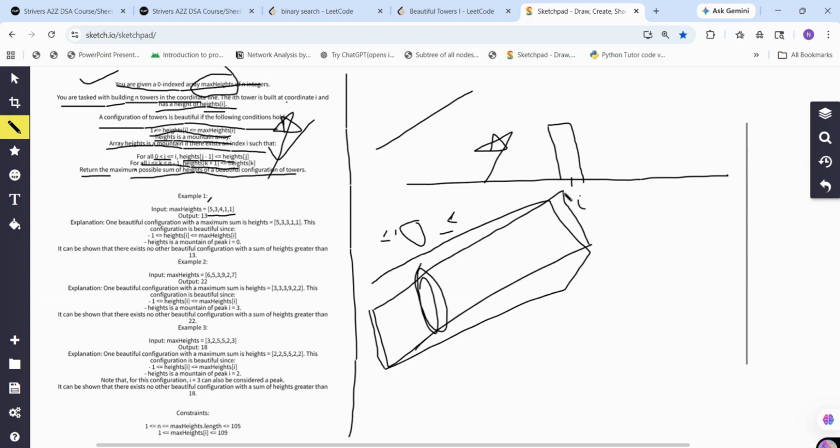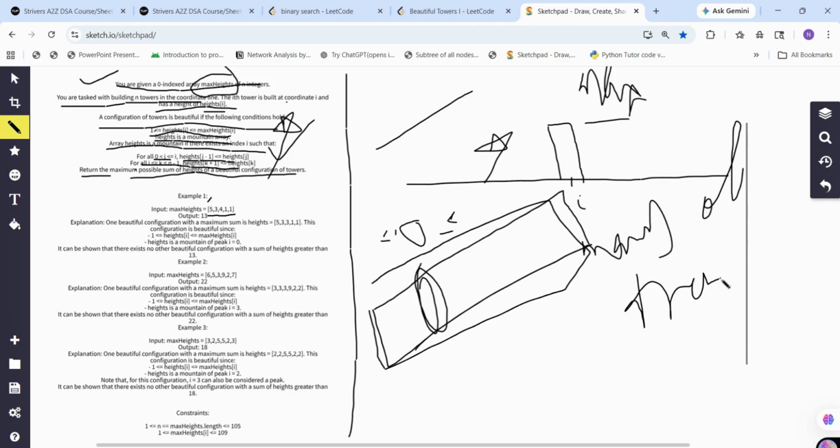My approach is saying that the maximum sum is possible if I try to make the heights of all, or in fact many of them, equal to max heights.